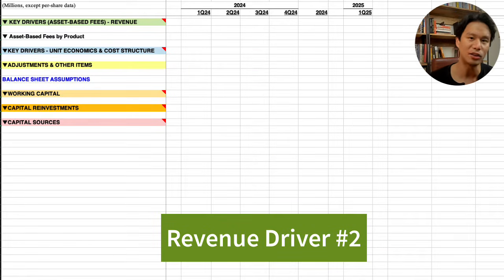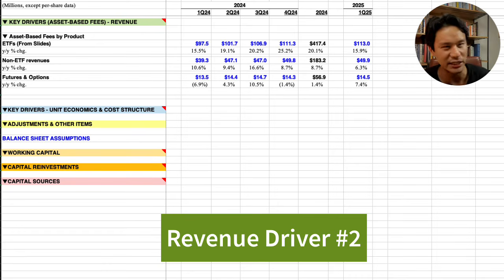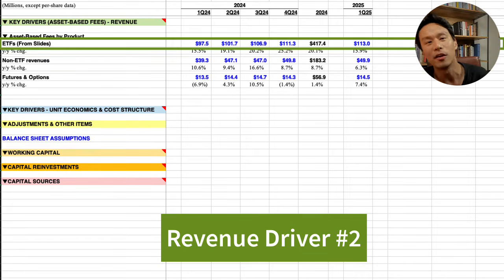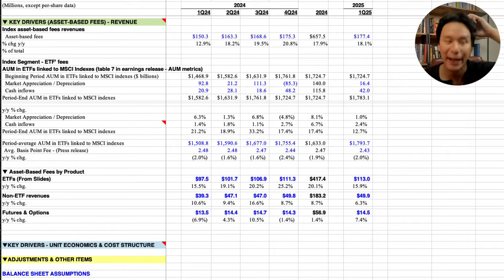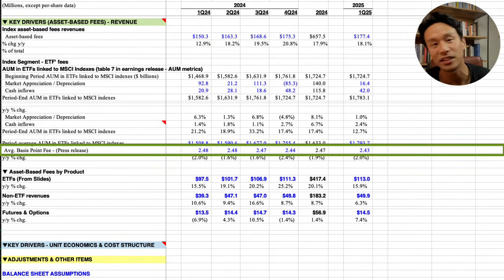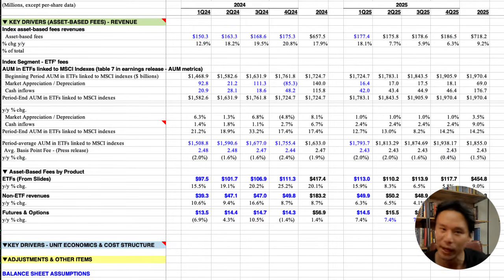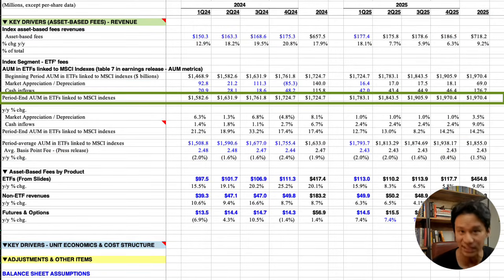Now, for example, they also have the asset-based fee model. Now, that's slightly different. This is not a subscription model. What they do is they license out the index data for an ETF to use. Now, the ETF is going to pay them as a percentage of assets. So for this business, I'm actually going to be forecasting it based off the growth of assets.